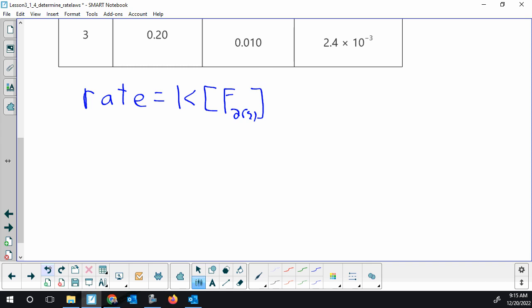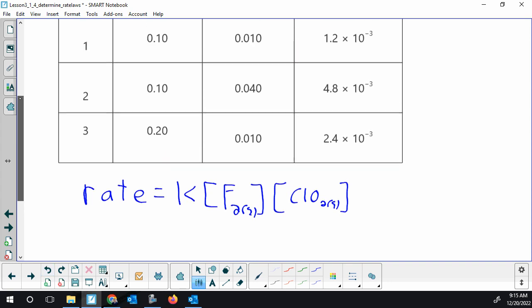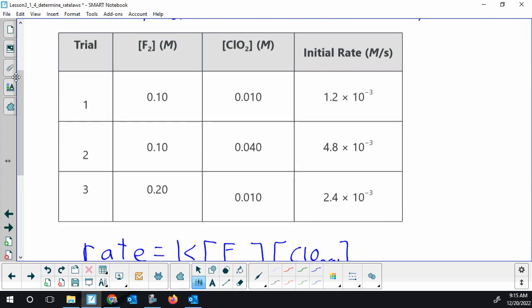Times the concentration of our other reactant. Again, I won't put a question mark in. That's our goal. So we have to go up to our data now and start processing. We're going to look for a controlled situation and a chemical that's changing. We can't deal with both chemicals changing at the same time. We can't figure out the order for any one.